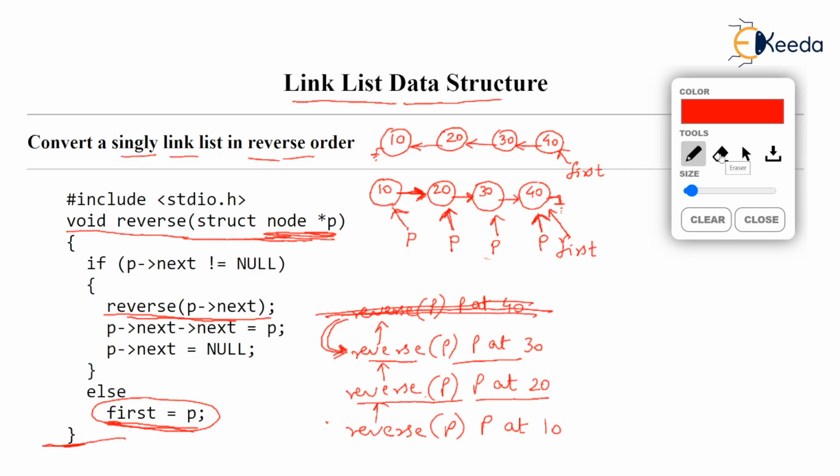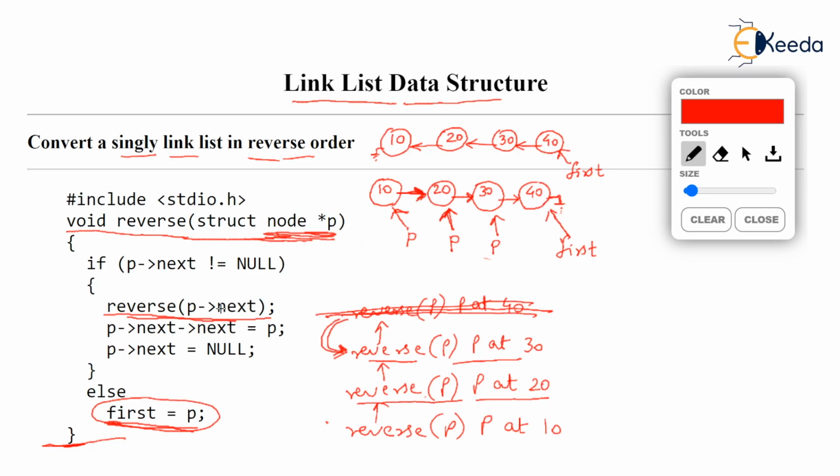But you all know that some garbage is deleted now. The pointer P which was created for that node 40 will be deleted. Stick to fundamentals. And we are back in the function reverse 30. Let's see now what happens when we are back to reverse 30, P at 30.